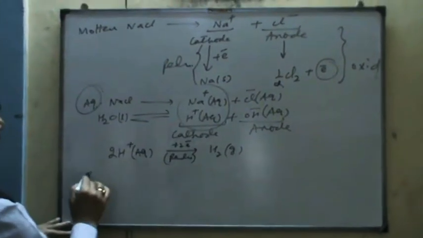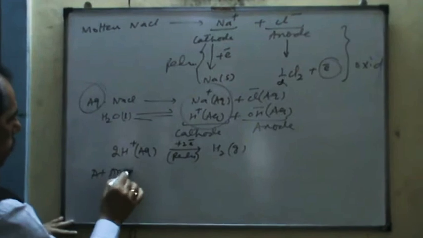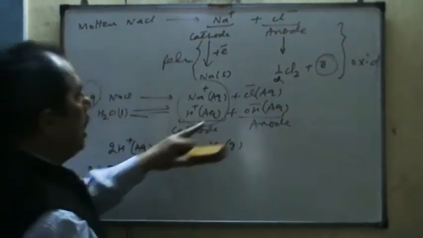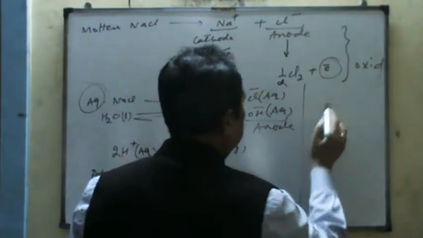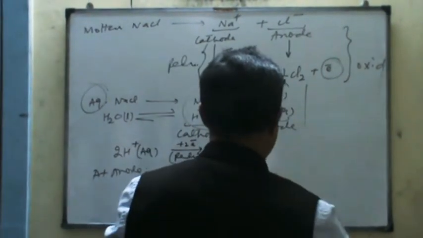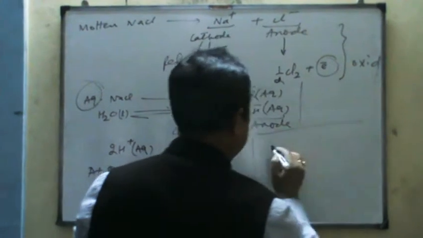Alright? At the anode, out of chloride ion and OH ion, you remember the oxidation potential values, always keep them in mind.